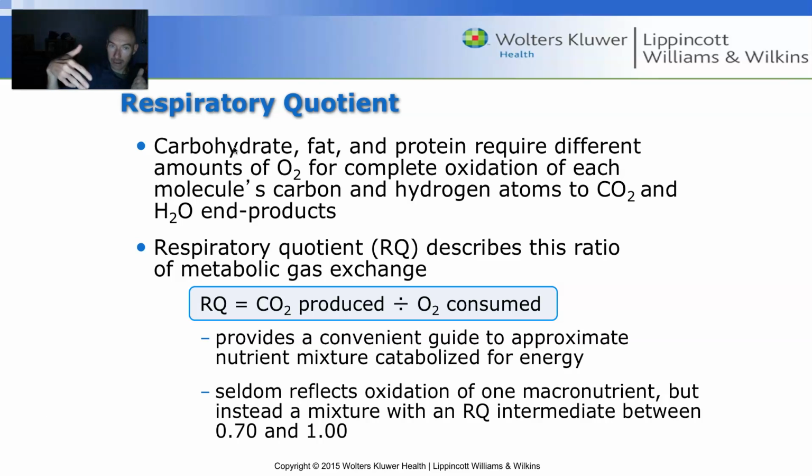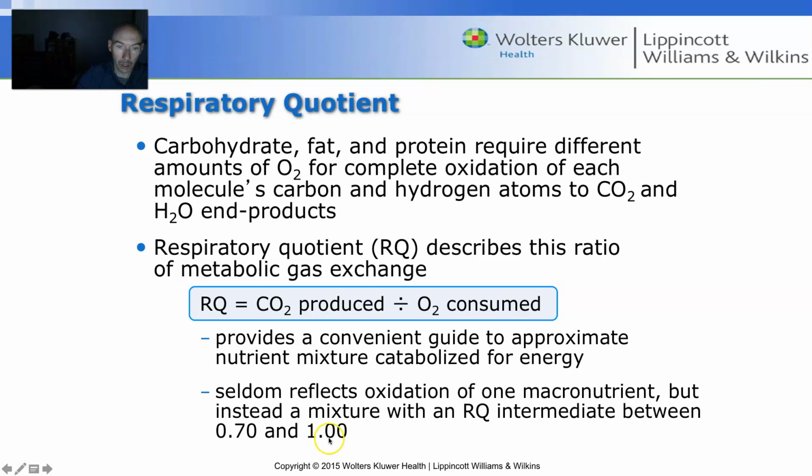Now at rest, we use the respiratory quotient. So during the resting metabolic rate test, we'll record the RQ, okay? Usually the RQ is going to be somewhere between 0.70 and 1.0. And we arrive at those numbers by using this equation here.